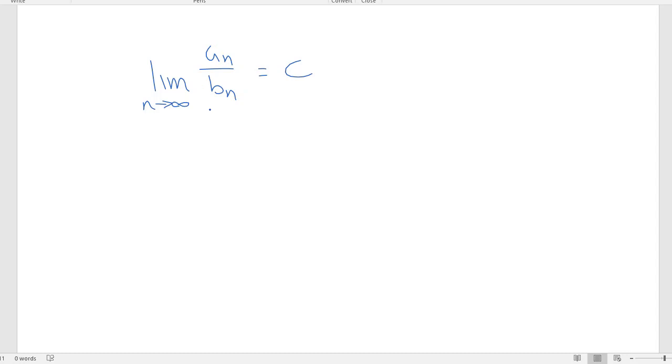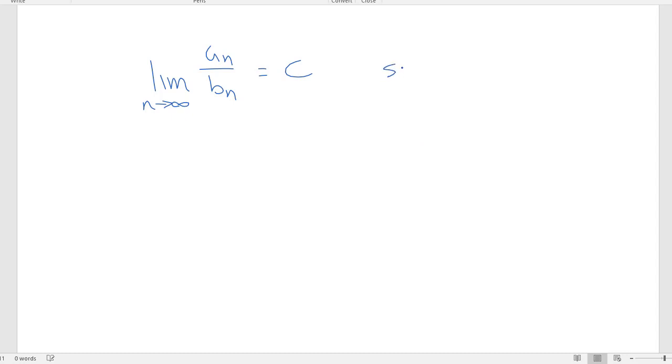If b sub n is convergent, then this ratio being finite shows that my series a sub n is also convergent. So c is a finite value. Now, in my prior couple of examples, this c value was 1, but as I mentioned, it doesn't have to be. C is finite.